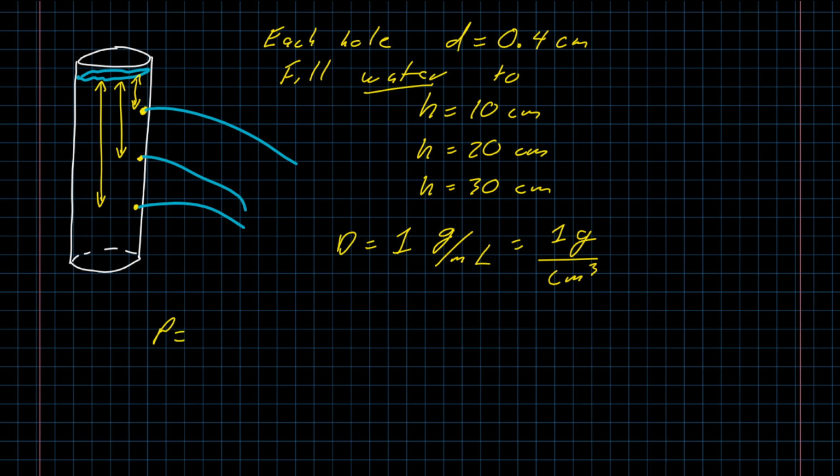Right, but our pressure, we just figured out, is the density times the height times gravitational acceleration. And the units here are going to be really stupid at first, but things are going to work out more or less okay. Are they? No, oh no, I'm wrong, they're not. This is going to be a lot easier if everything is in kilograms and meters instead.